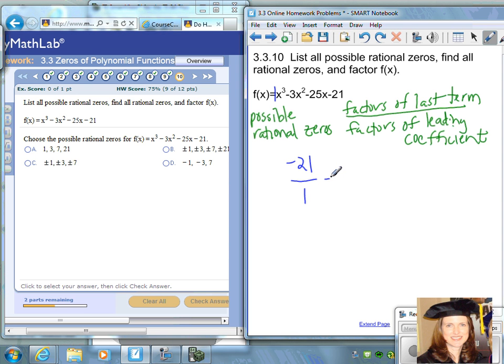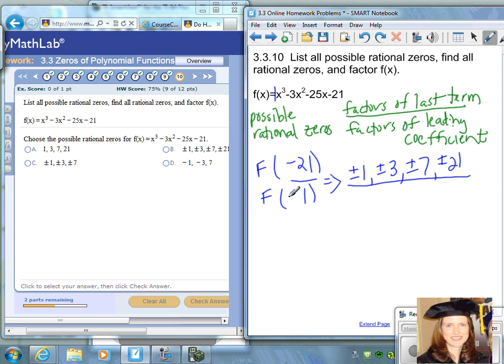So I'm just going to put factors of negative 21 divided by factors of 1. Factors of negative 21 are positive 1 and negative 1, positive 3 and negative 3, positive 7 and negative 7, and positive 21 and negative 21.